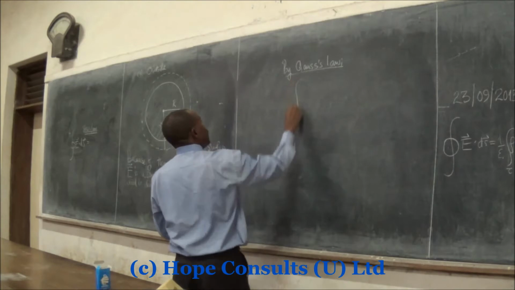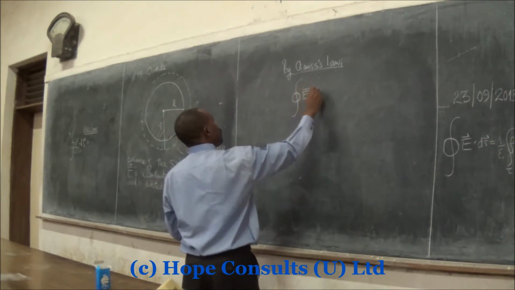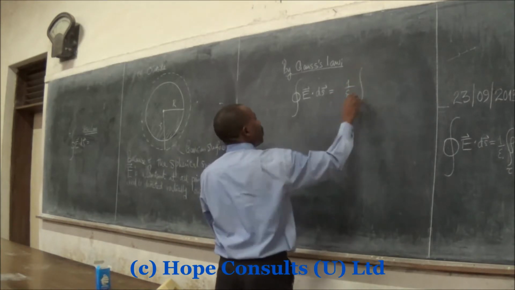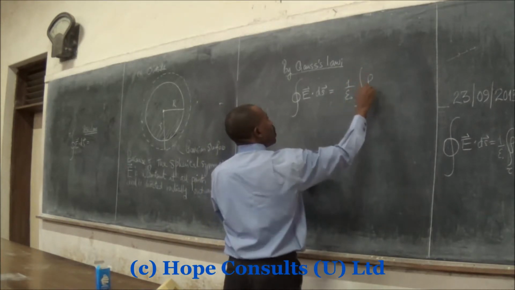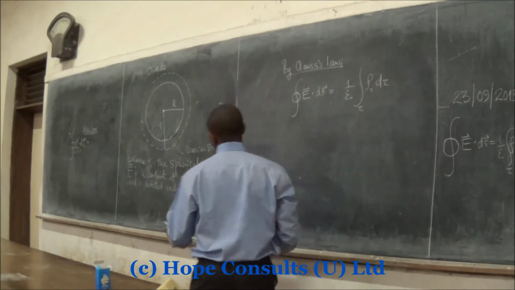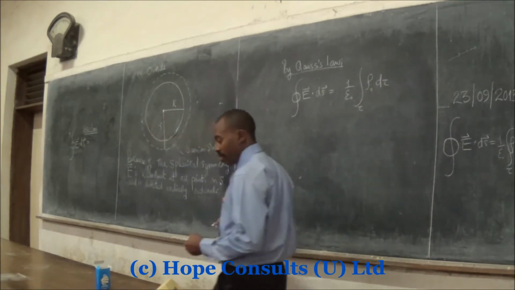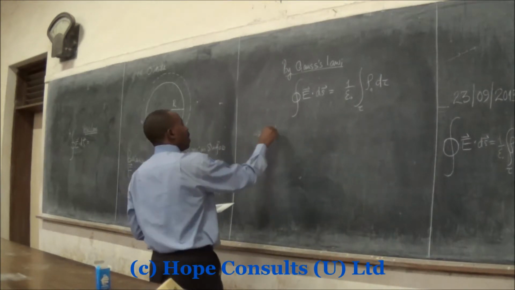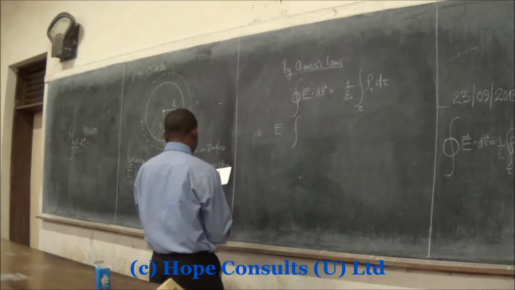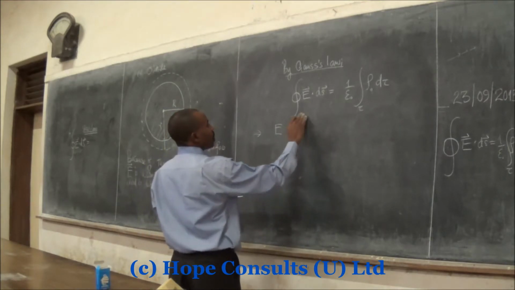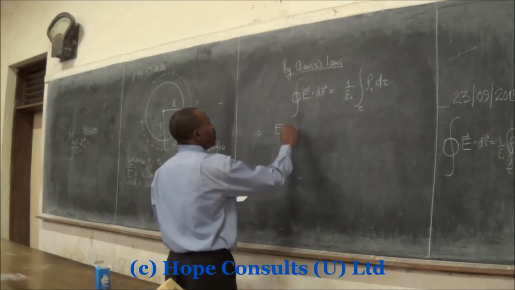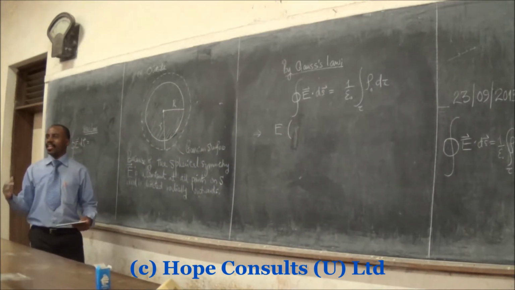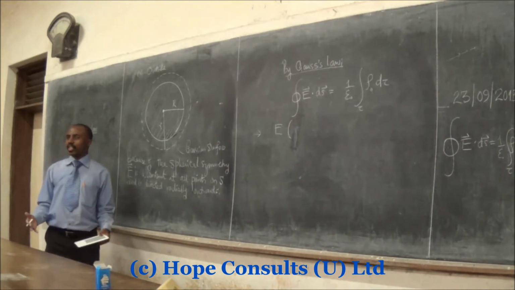So by Gauss's law, we have that the integral over the closed surface E dS is the same as 1 over epsilon naught, integral over the volume tau, rho naught d tau. Remember, rho naught is the volume charge density that they gave us in the question. And this would imply that by putting E outside, we can integrate our surface, so we shall get the total surface area. I'm forgetting about the vectors for the sake of finishing now.